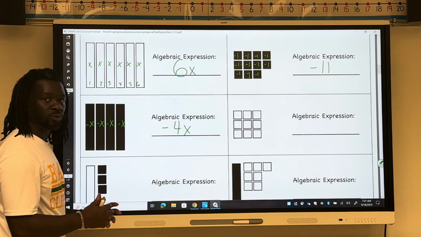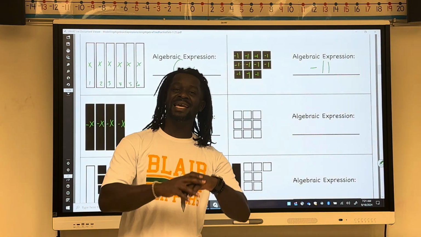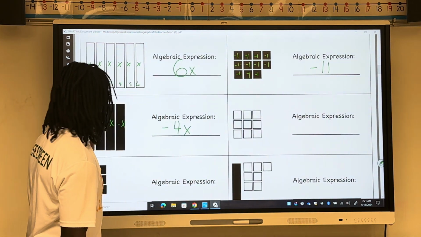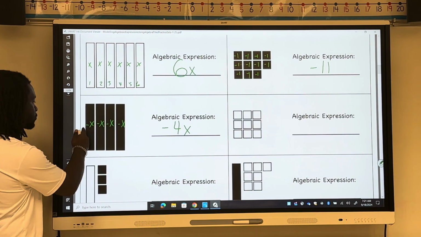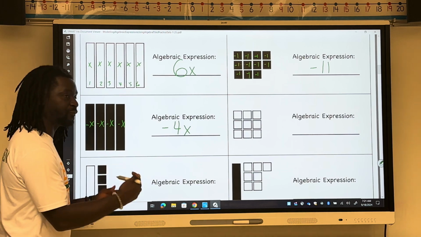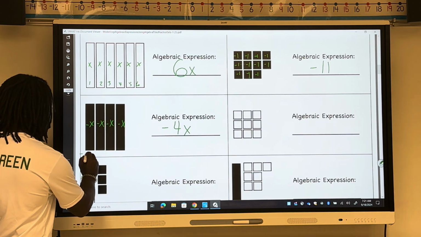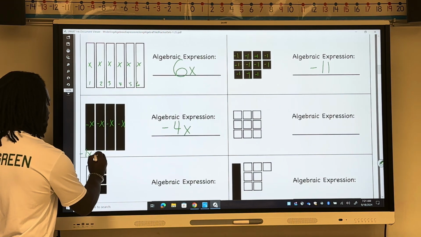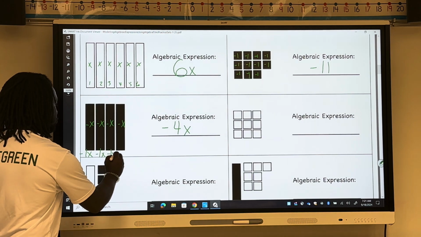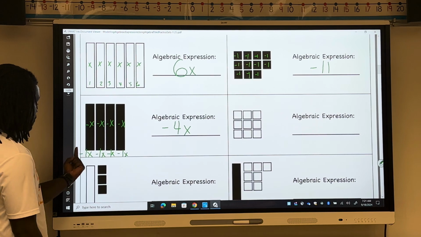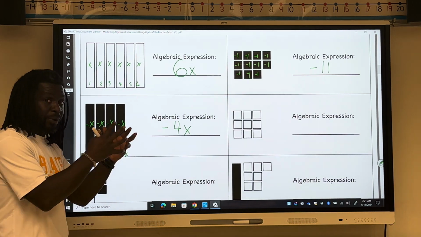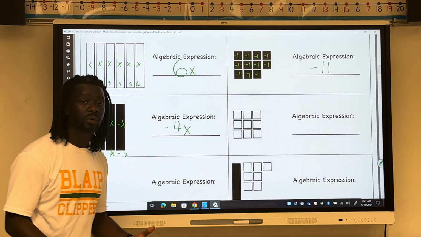When you are dealing with a variable that doesn't have a number in front of it, in this case just -x, there is always an invisible 1 in front of it. In other words, it is really -1x, -1x, -1x, -1x. Adding up all of those 1s is how I get the negative 4.